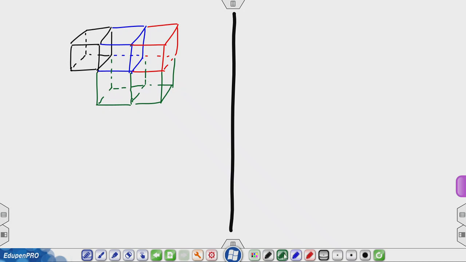Now, what I have is the points at the corners, and the points here. Points at the corners, and points on the side face.